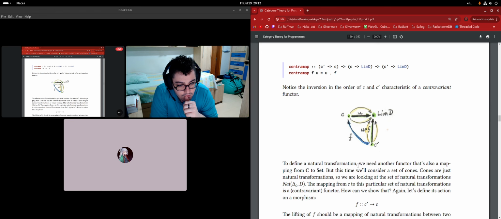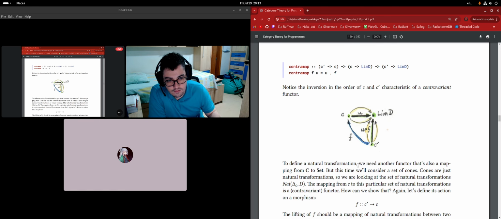Wait a moment. The first functor, when bridging C to set, we are mapping objects to sets of morphisms.